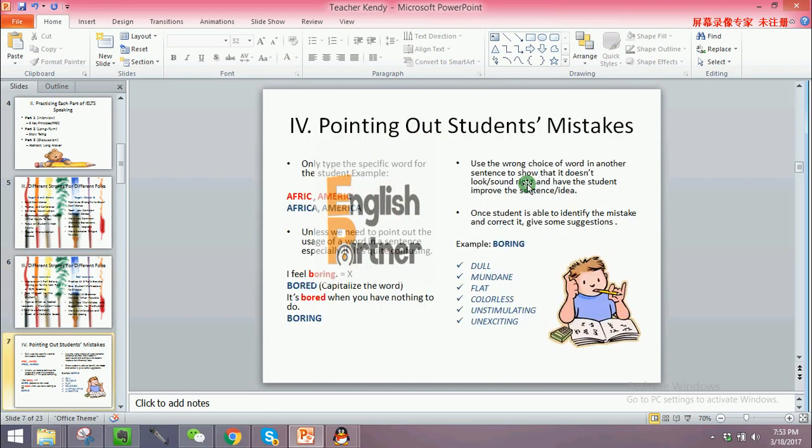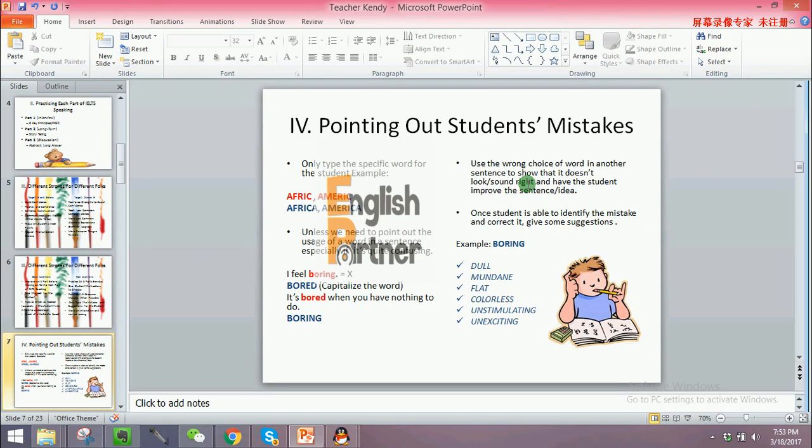Here is an example of how I point out my students' mistakes. For example, most of them actually are fond of saying "Afric," like, I want to go to a wasteland in Africa, or I want to study in America.